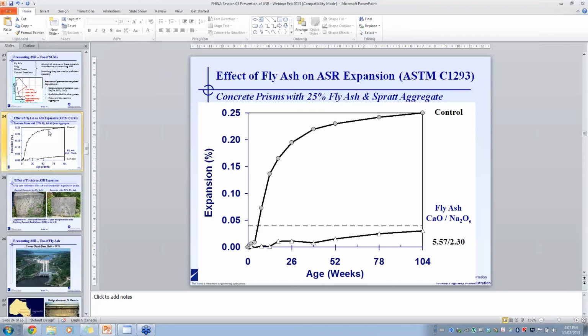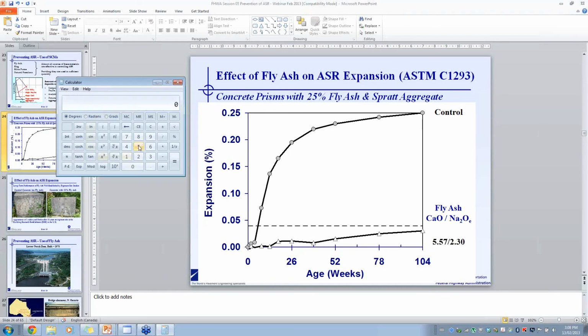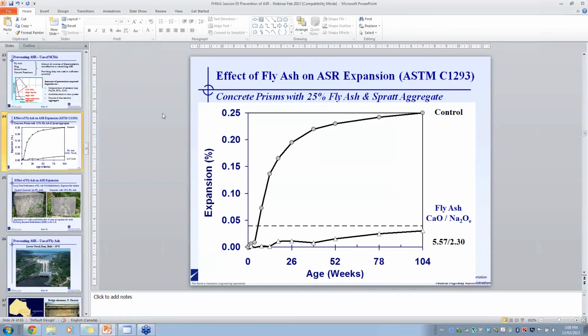By specification, it's between 0.8 and 1%, and then it's raised to 1.25% by addition of alkali to the mixing water. So that would yield an alkali content of 5.25 kilograms per meter cubed, and somewhere in the region of 8.7 pounds per cubic yard.